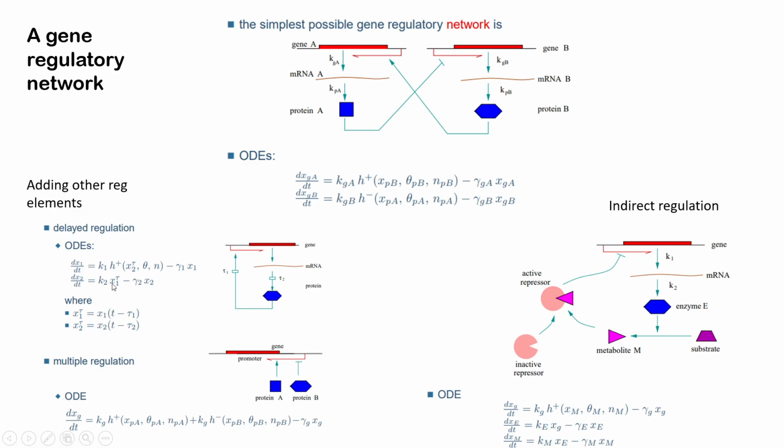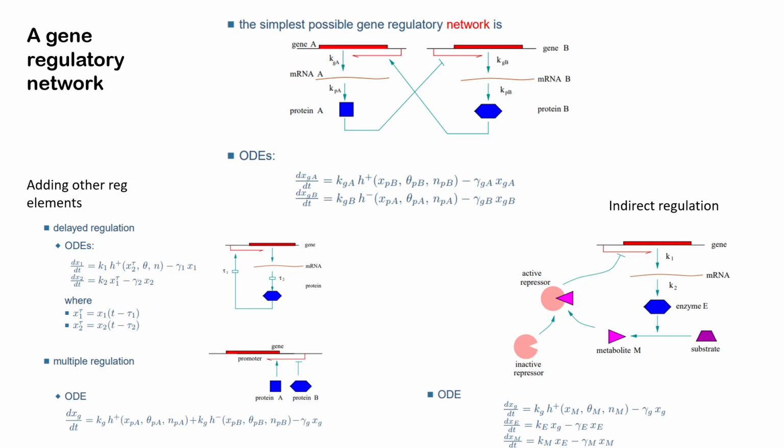So here, in place of x, the protein concentrations were taken, the xp's and all. In this case it is transformed into basically this tau value, which is giving you the concentration of the protein at the particular time point. So basically, after tau seconds or tau minutes, the protein has been formed.